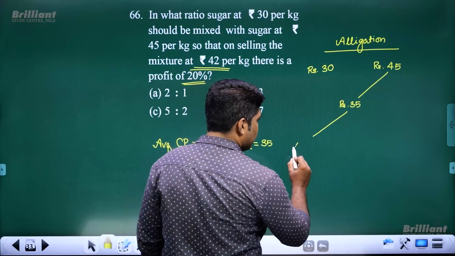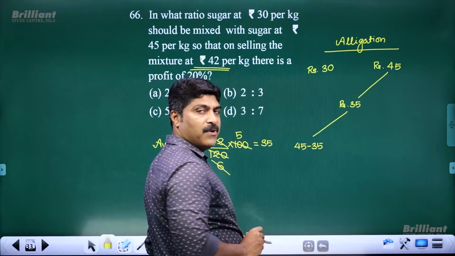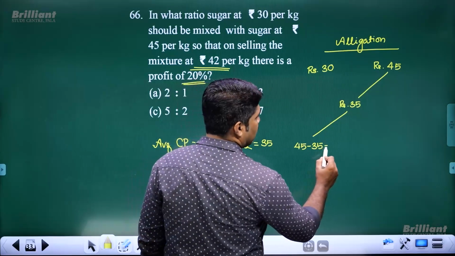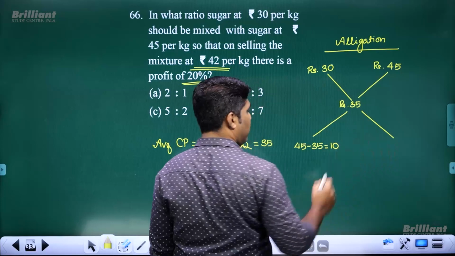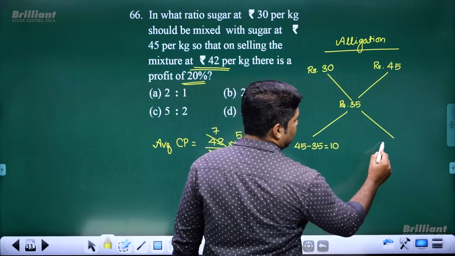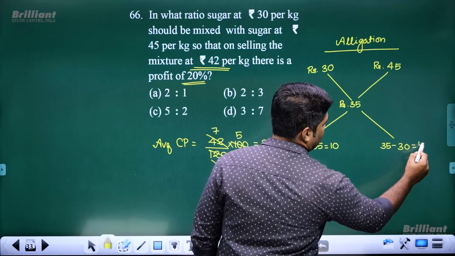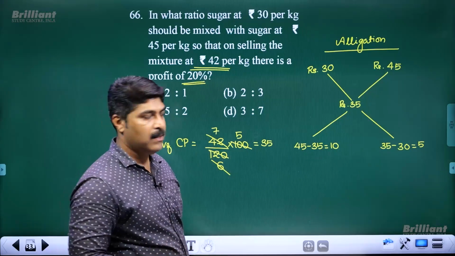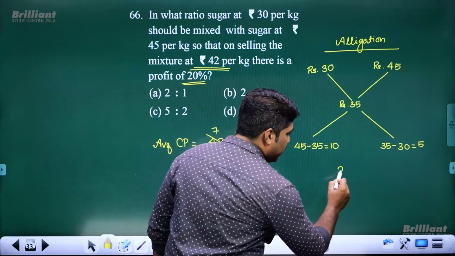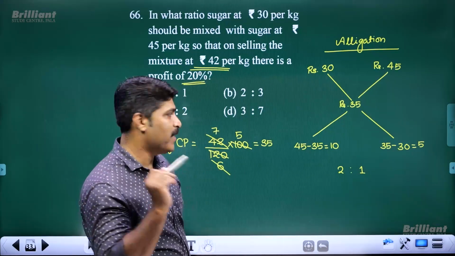You subtract 35 from 45, so this is 45 minus 35, which is 10. And do the subtraction this way: here 35 is greater, therefore 35 minus 30, that is 5. We got these two figures, 10 and 5. Write the ratio of these two figures. Those are in the ratio 2:1.